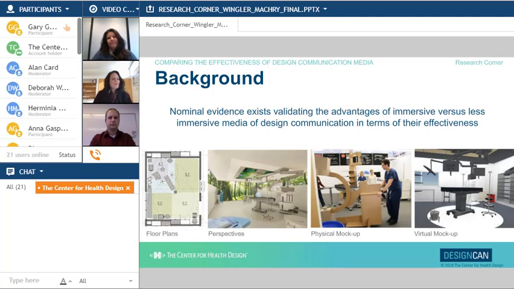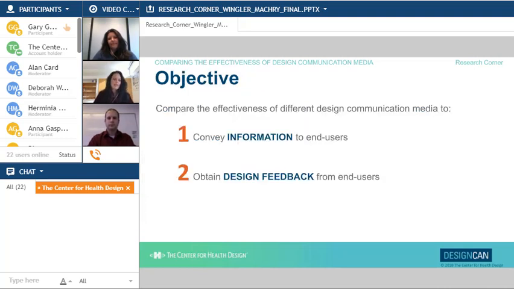However, what we don't know from the literature is how each of these different design media can support clinical end user understanding of proposed design solutions, as well as how each of the media is effective in eliciting design feedback from clinical end users and the type of design feedback that each design communication media facilitates.